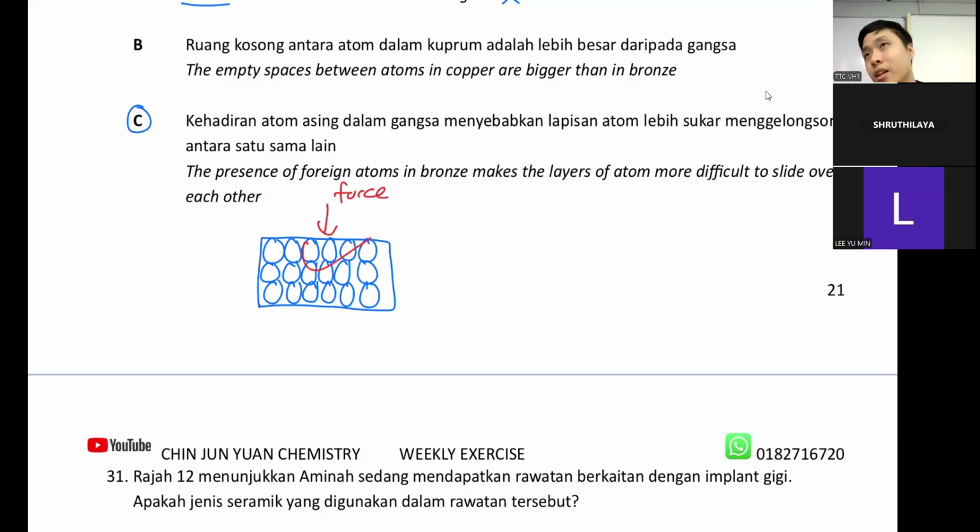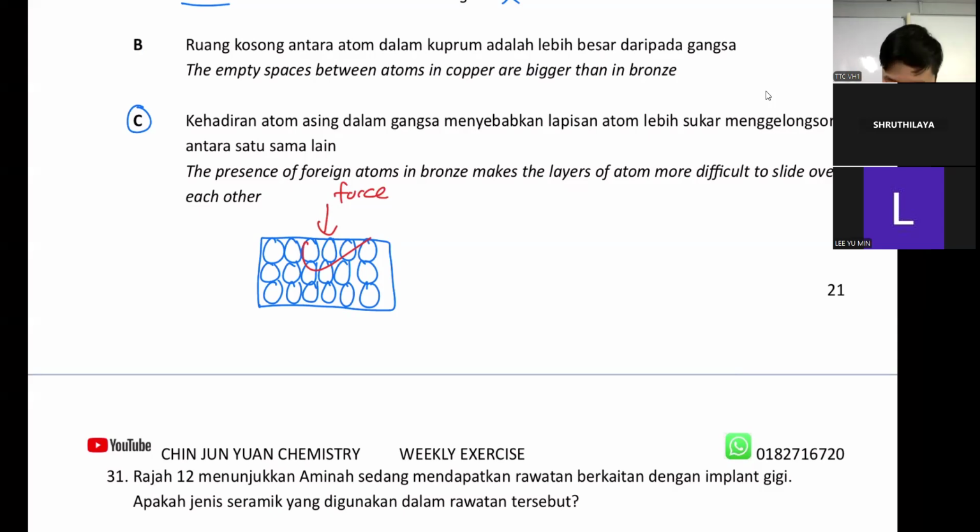Not broken, but easily slide over. Let's say this is your table, made by copper. Knock too hard, there's a curve like this. So the whole thing become very ugly, because it's not strong enough to resist your force.